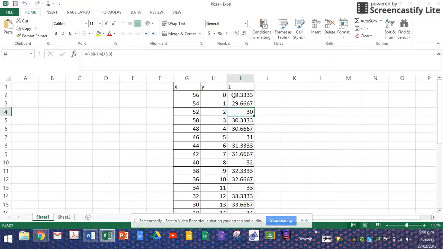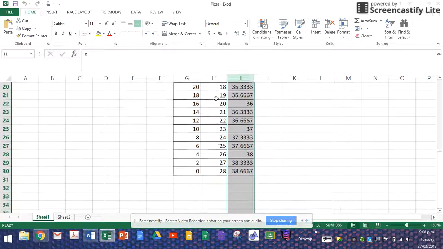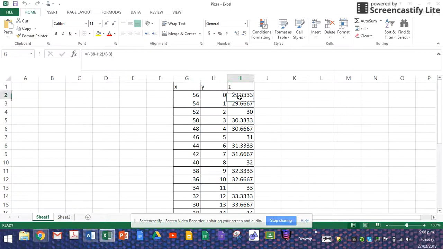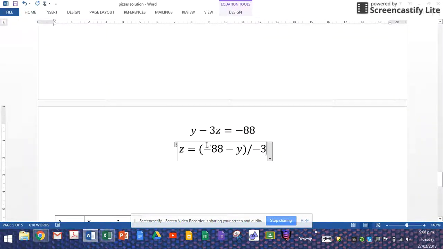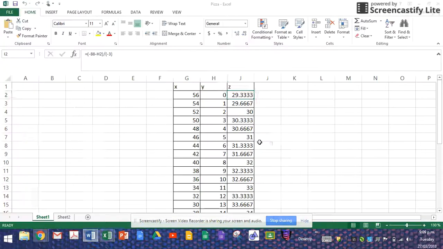I know for a fact that Y minimum is 0, and Y has to be an integer value. So the next number up is 1, 2. Just ignore X and Z columns for now. So the largest value I've put up is 28 for Y. Z is equal to negative 88, take away Y, and divided by negative 3. That's exactly what I've done here.